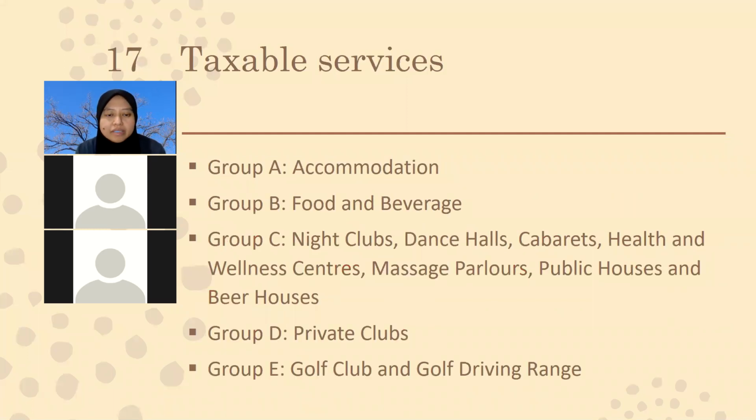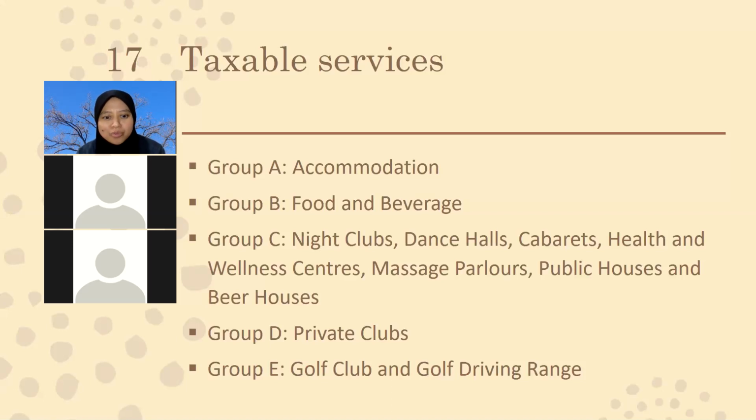Okay, so taxable services. For taxable services, only those listed are subjected to service tax. They have 8 groups, until I. Group A, accommodation. Group B, food and beverage. Group C, nightclubs, dance hall, cabarets, health and wellness center, massage parlor, public houses and beer houses.